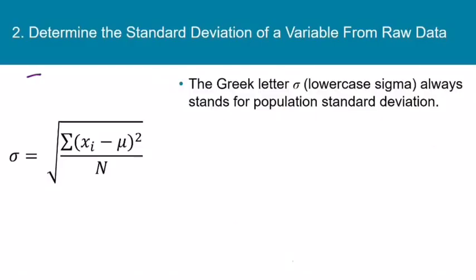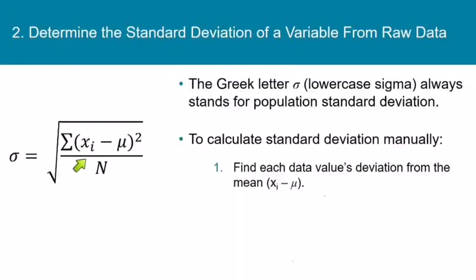Now I don't want you to get confused. This was capital sigma, and this symbol stands for sum. But this is lowercase sigma, and this stands for population standard deviation. And the way we read this formula is first we find each value's deviation from the mean. So we take each data value and subtract the mean from it, and that is the deviation.